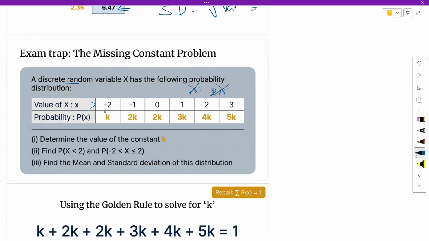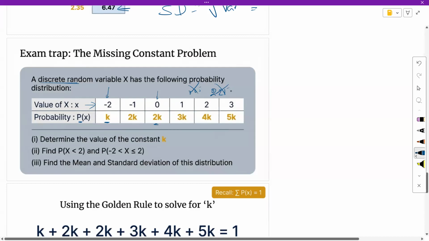So the value of x is from -2 to 3, and the probability of getting -2 is k. The probability of getting score 0 is 2k.